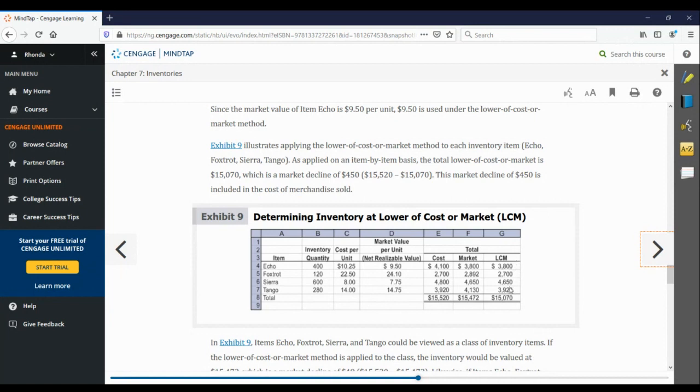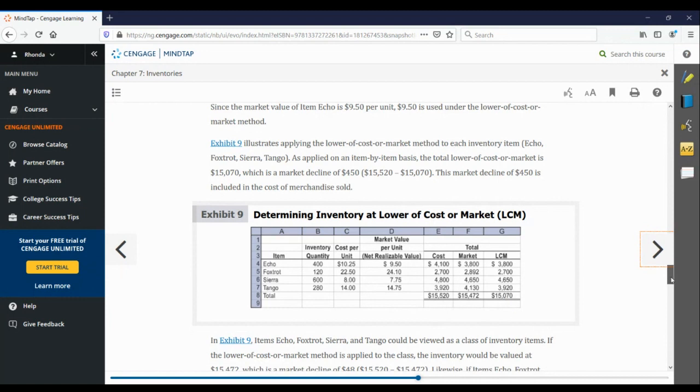Once we get through with this, we're going to total our lower of cost or market column. We would also look at the total cost. And then we're finally going to place a value in our records that shows that the lower of cost or market method is lower than the original cost. You will find the difference between these two.